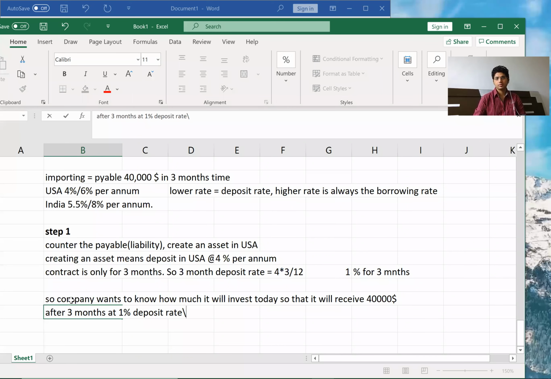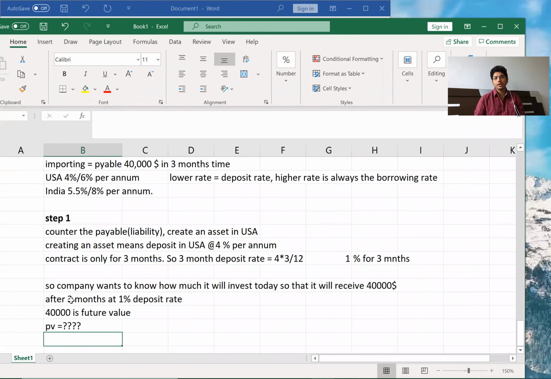So can I say 40,000 is what I want after 3 months? So 40,000 is the future value. I want to calculate what I should deposit today, so I want to calculate my present value.